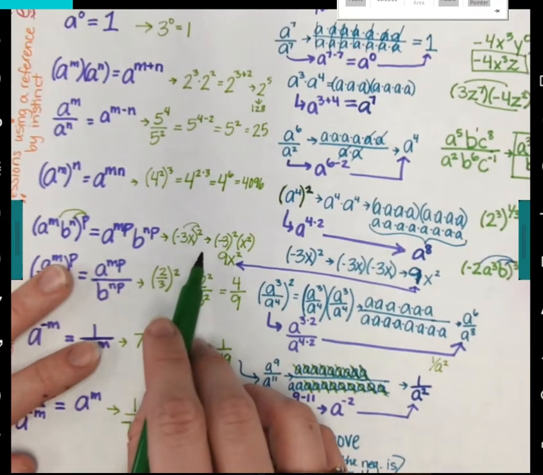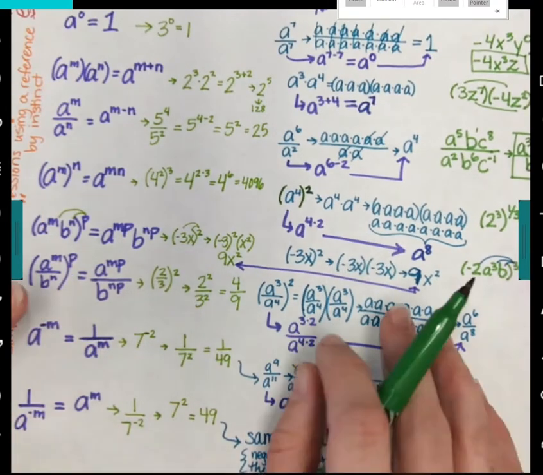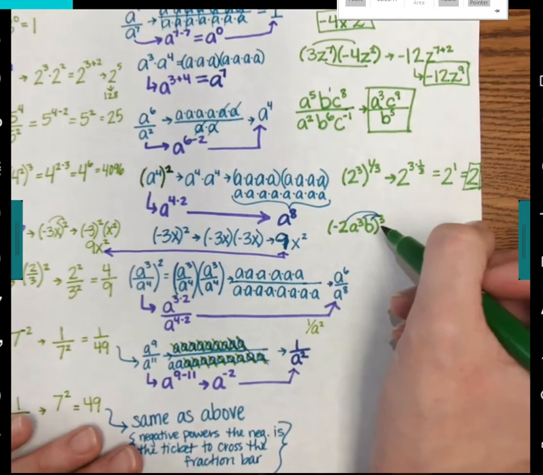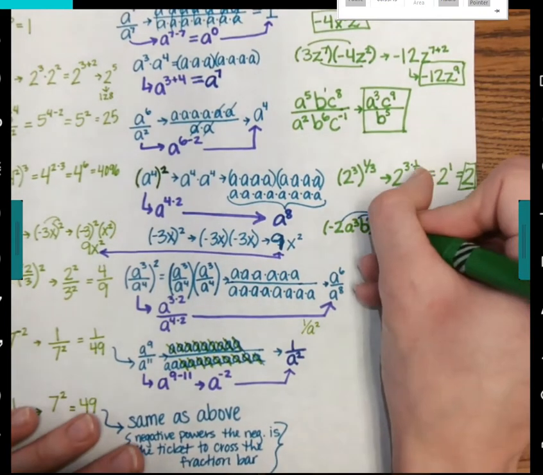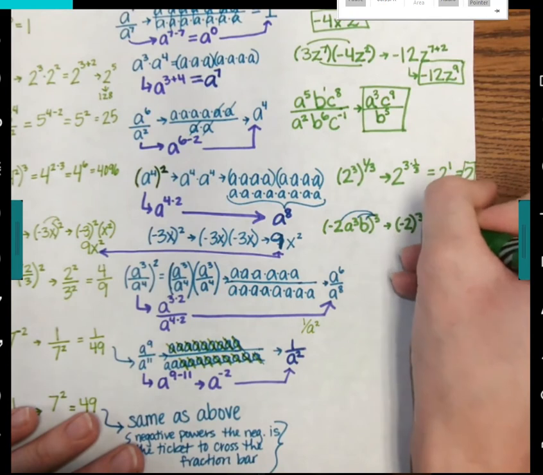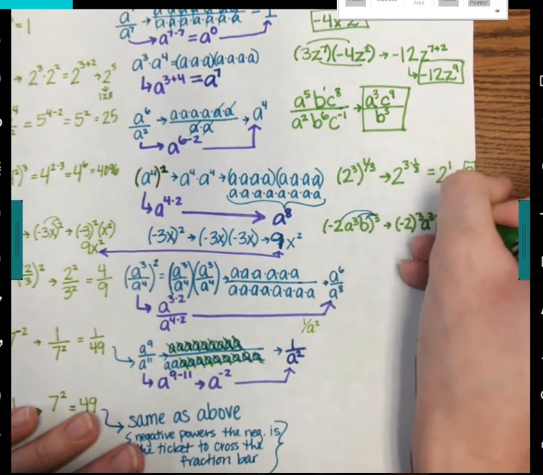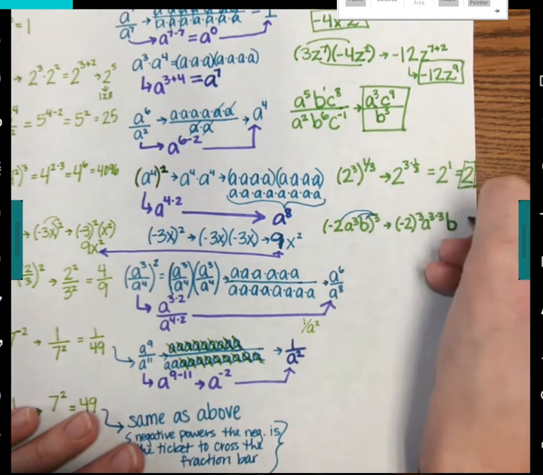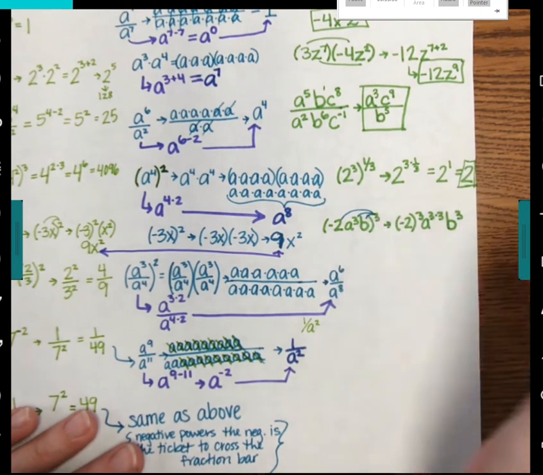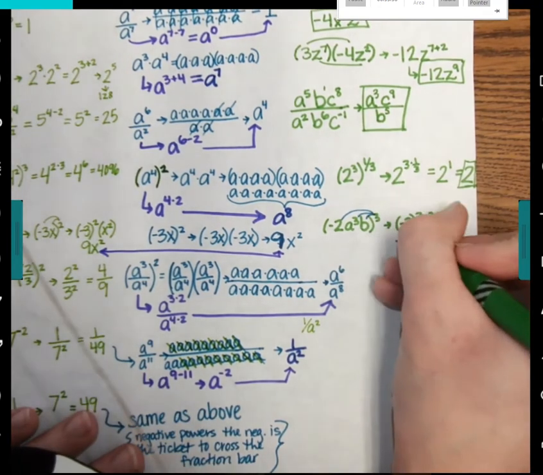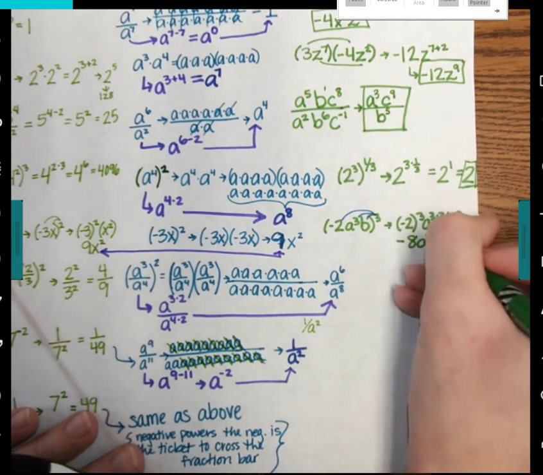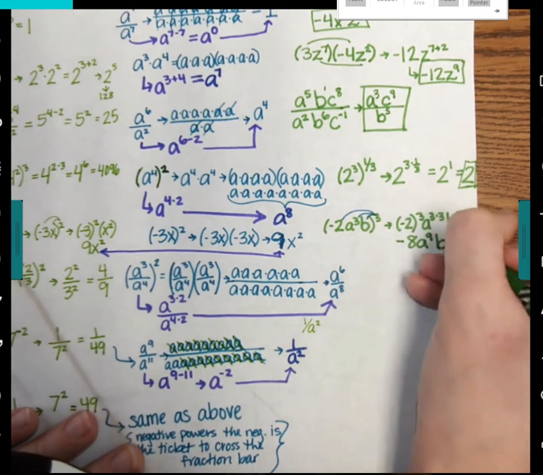Because an exponent sees how many times you're doing it by itself. That's the why. But here's what it looks like. That would be negative 2 cubed a to the 3 times 3 b to the 3, which is 1 times 3, right? So that would give us negative 8 a to the 9th b cubed.